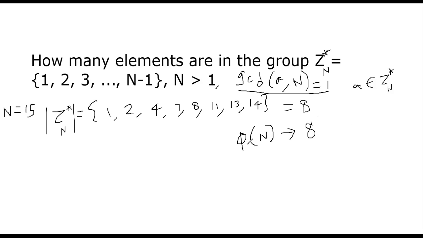Okay, so if you are able to find an efficient formula that can solve this problem, you have essentially broken some crypto systems like RSA. It's not clear whether there are any polynomial time algorithms that, for large n, can tell you right away how many elements are there in the group. Nevertheless, I would like to talk about the case where you know the prime factors of n.